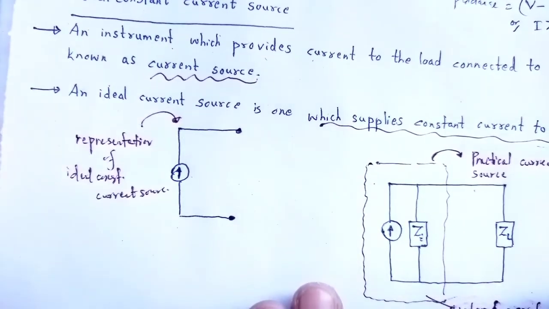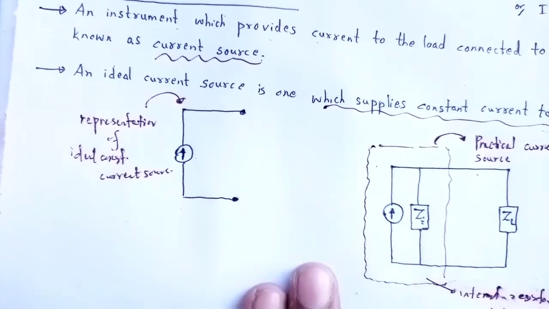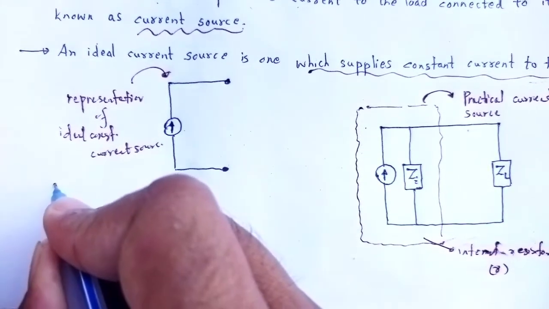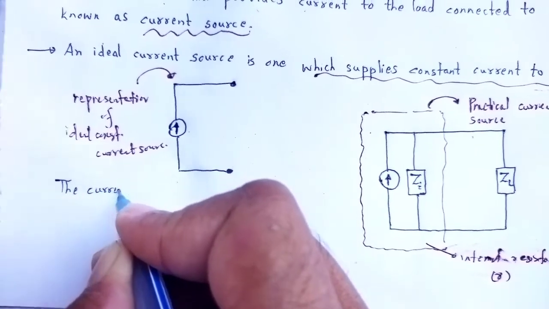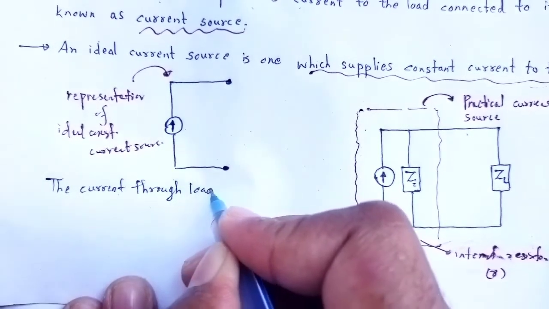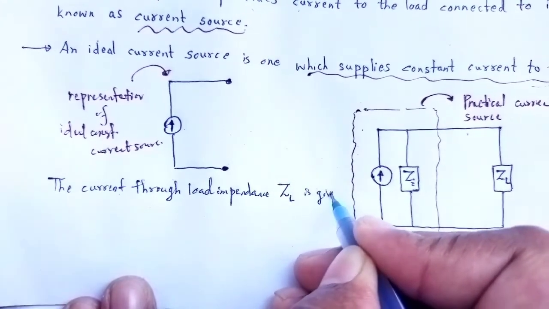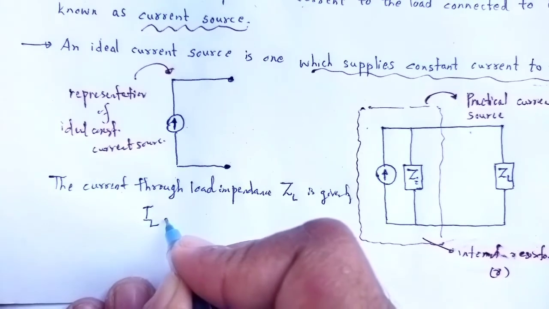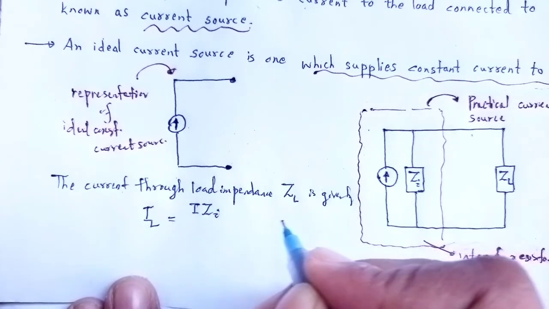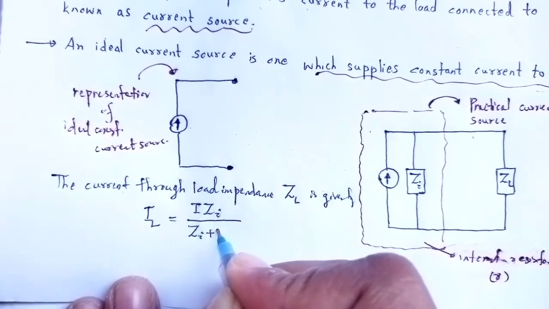So the load current, the current through the load impedance ZL, is given by IL, that is I times Zi, the current into the internal impedance, divided by the sum Zi plus ZL.